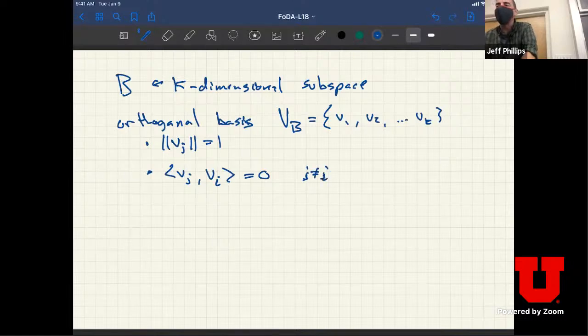So if these are different vectors, they're going to be 0. That means they're going to be orthogonal to each other.